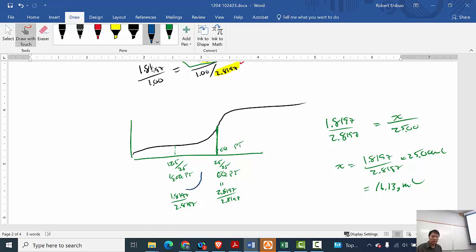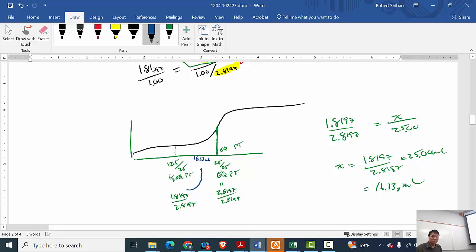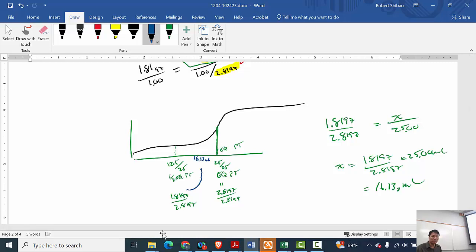Okay, so this is going to come out 16.13 milliliters out of the 25 milliliters. And so 16.13 out of 25 is the same as 1.8197 out of 2.8197. And so when we hit 16.13, we'll be at pH 5.